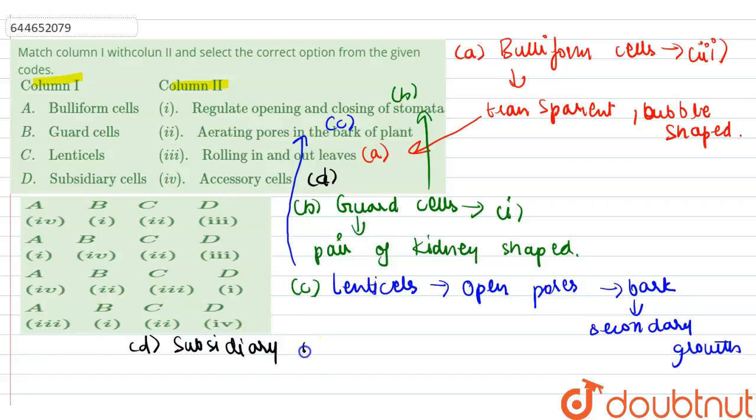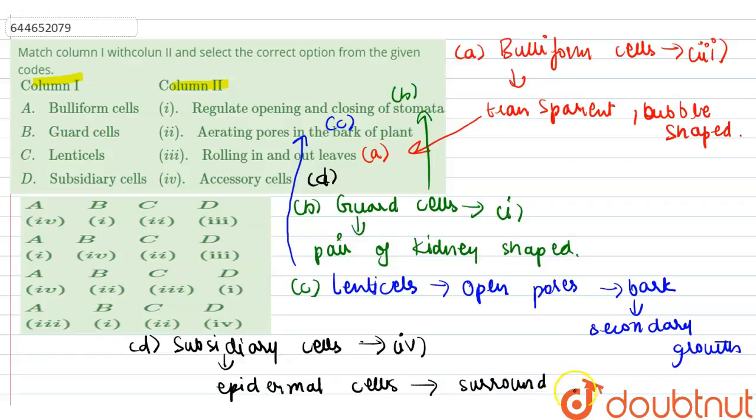Subsidiary cells are also known as accessory cells, as subsidiary cells are the epidermal cells, and they are also present in the stomatal apparatus, and they surround the guard cells, and they regulate the osmotic pressure in the guard cells. So that is why subsidiary cells are also known as accessory cells.